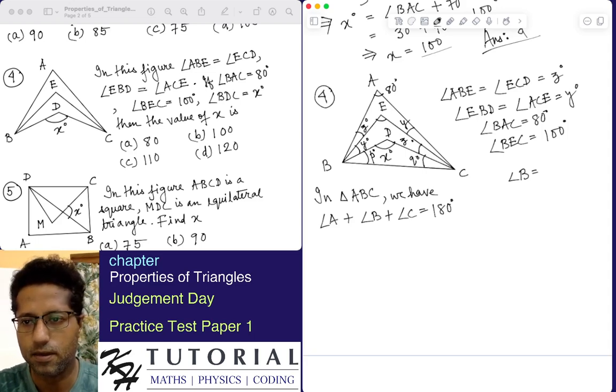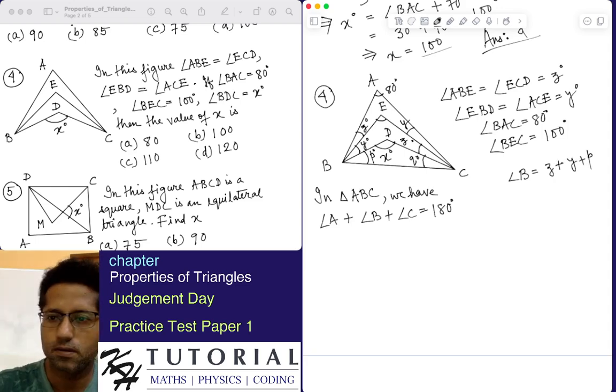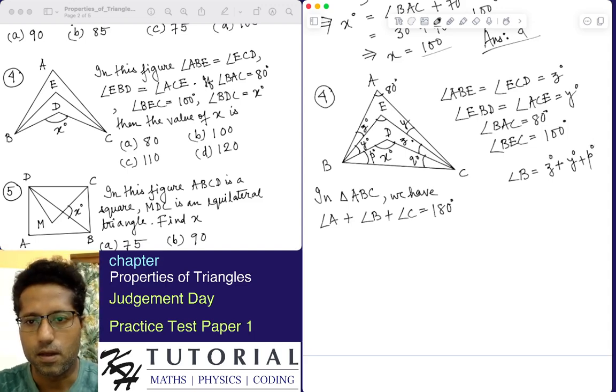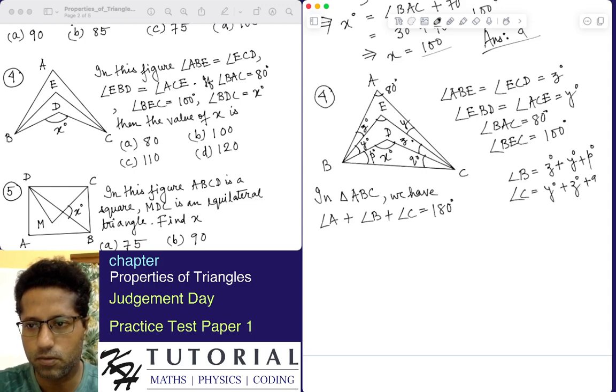So we have angle B is equal to Z degree plus Y degree plus P degree. And also angle C is equal to Y degree plus Z degree plus Q degree.